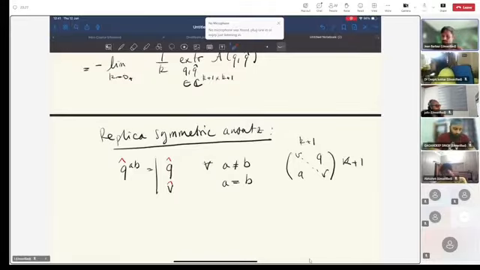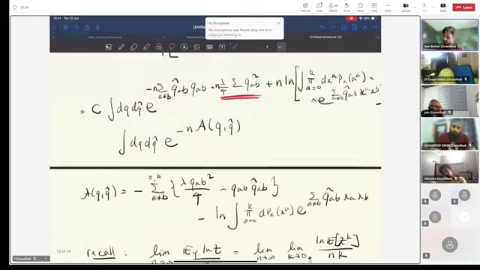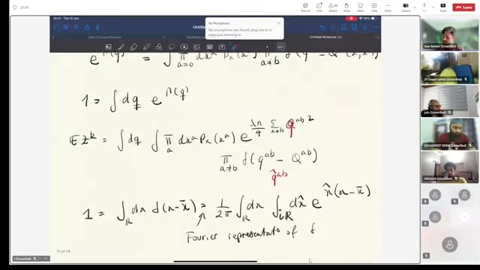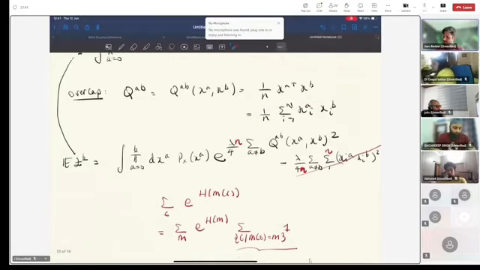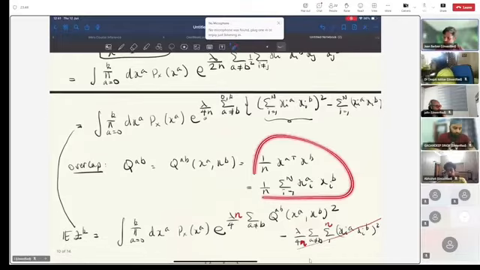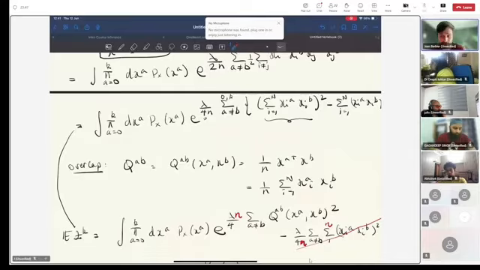So what does it mean physically? Because again, this Q, we know what it means. This Q is this Q_AB here, which is the overlap between our vectors in high dimension, okay?